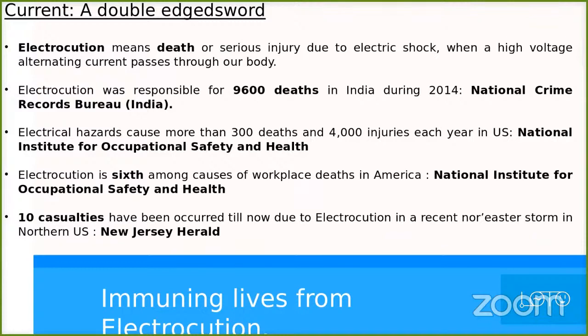Ten casualties have occurred till now due to electrocution in a recent nor'easter storm in northern US, according to the New Jersey Herald. So I think these data sets presented to you are sufficient to signify that electrocution is a serious issue, right? And in workplaces and industries where heavy machinery is in action, I think this particular issue is very, very difficult to manage, right?